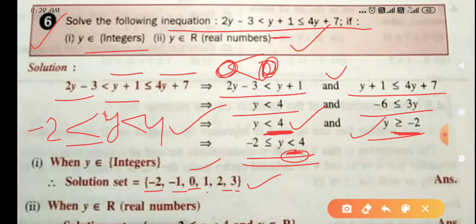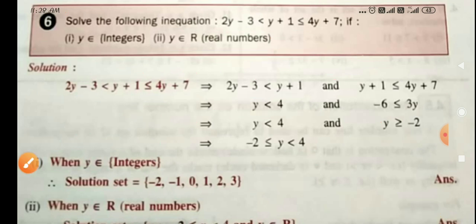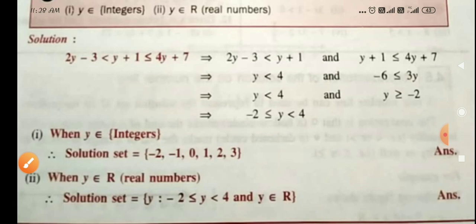Now one more important part is given. y belongs to real numbers. When the variable belongs to real numbers, how to make the solution set? In the case of real numbers, the solution set cannot be made in roster form, because between two numbers there are infinite real numbers.